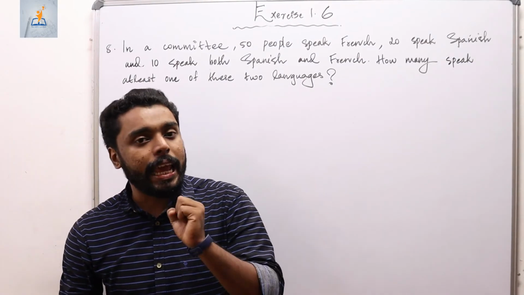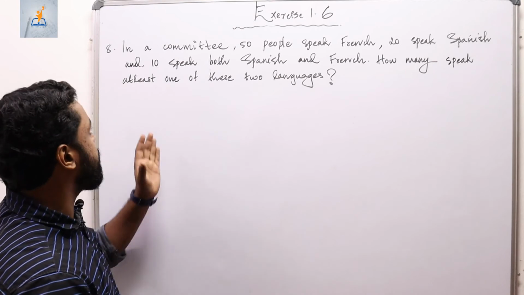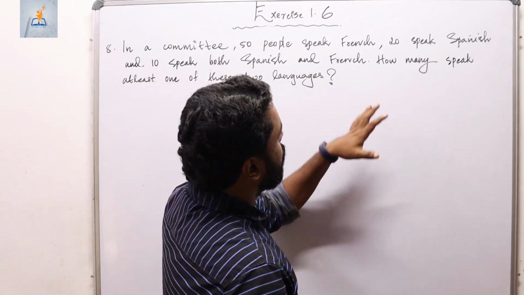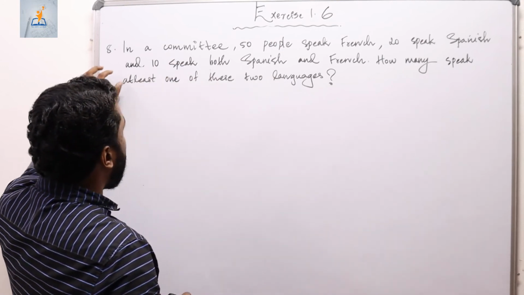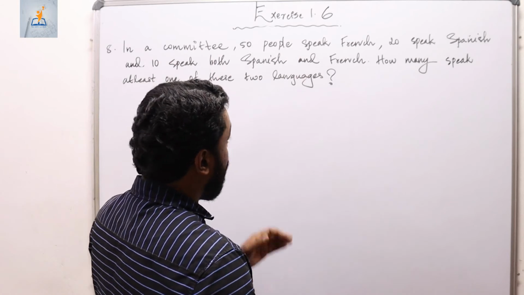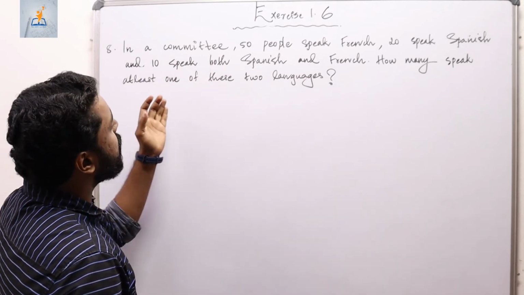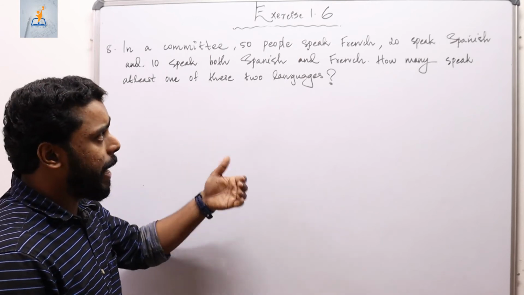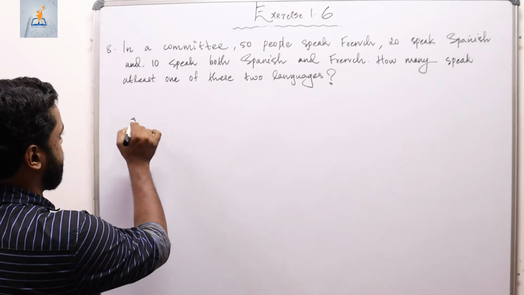Coming on to question number 8 of your textbook, the question is that in a committee 50 people speak French, 20 speak Spanish and 10 speak both Spanish and French. How many speak at least one of these two languages? This is the question. We shall make two sets from the beginning itself.